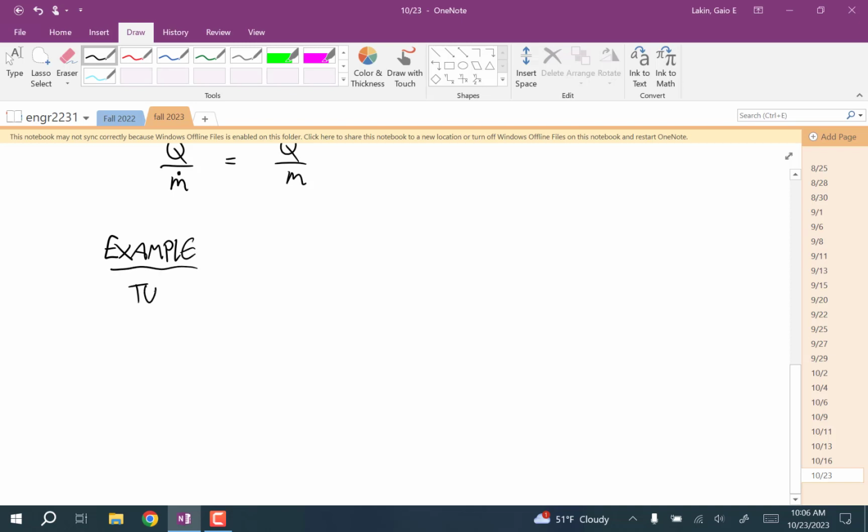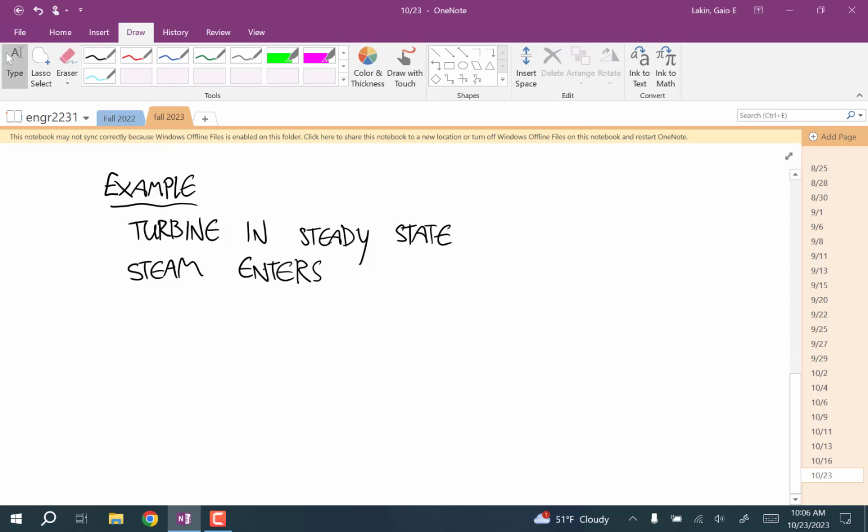So first, we have a steady state turbine, and steam enters the turbine. The pressure at the inlet is 30 bar. The temperature at the inlet is 400 degrees Celsius.